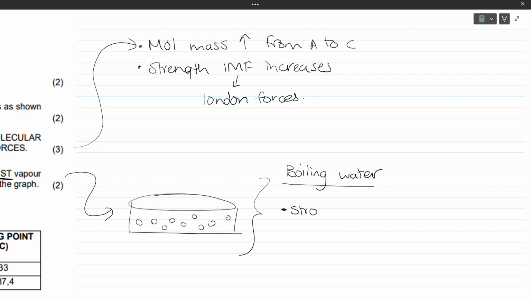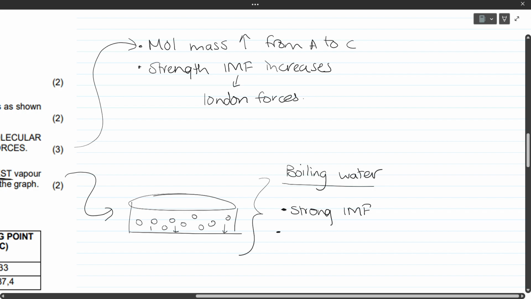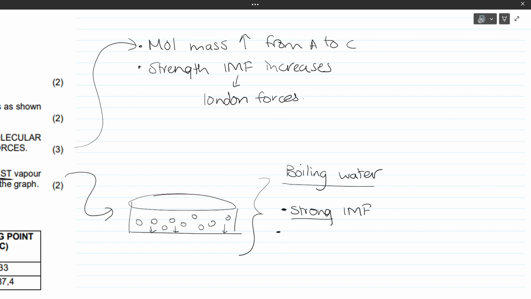Okay, we know that if there are strong intermolecular forces, this means that you can imagine that there's a lot of glue between the particles. So the particles want to stick together, and they really want to basically stick to the bottom of the pot, right? And therefore, if we've got strong intermolecular forces, we've got a weak vapor pressure, or a very low vapor pressure.